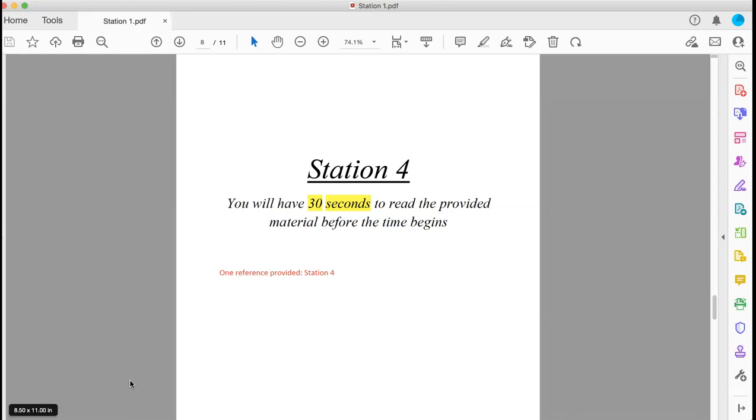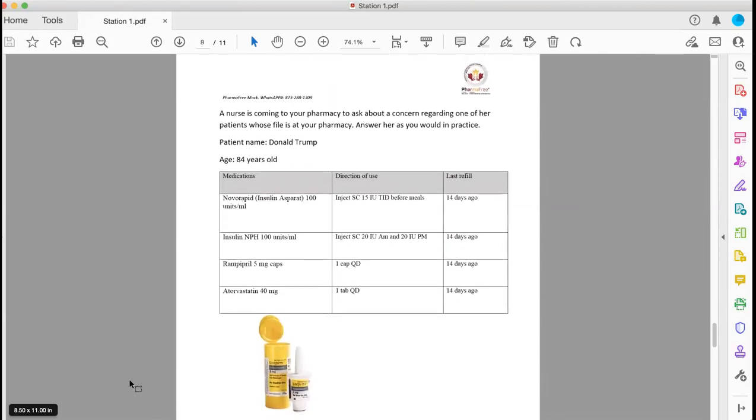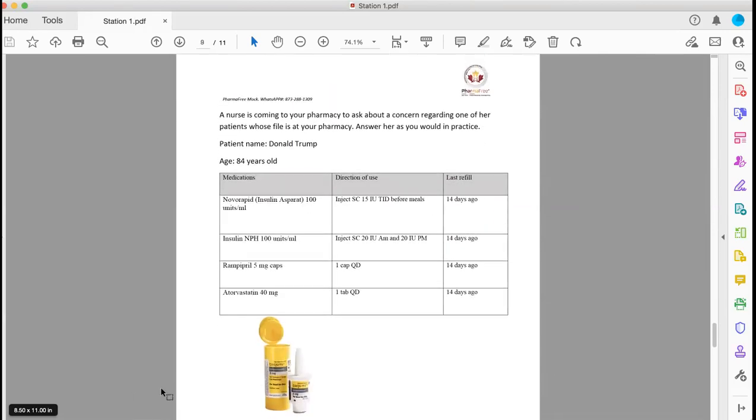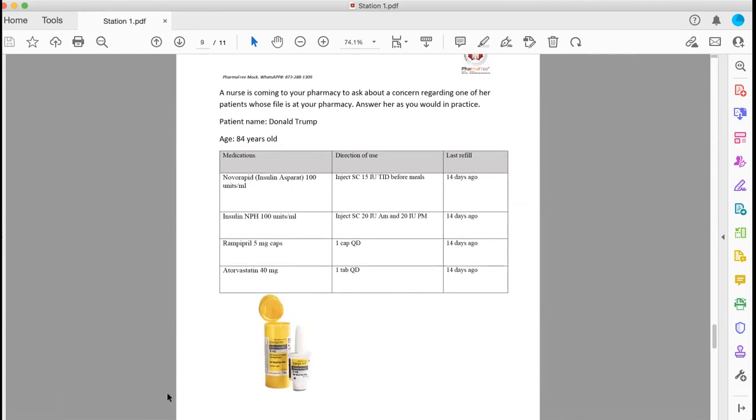Okay, I'm going to start at 30 seconds and then we're going to start. You have the reference. Okay, but I can't read it well. You have the patient file. Okay, you can go ahead.